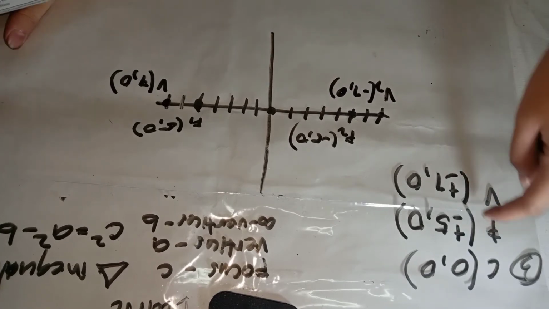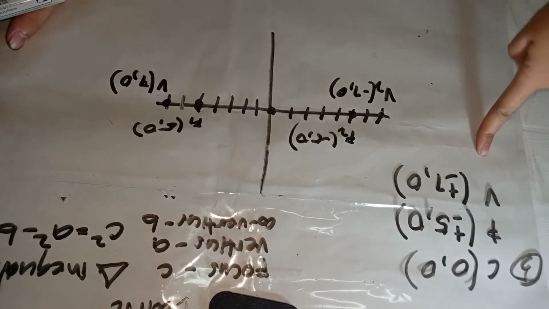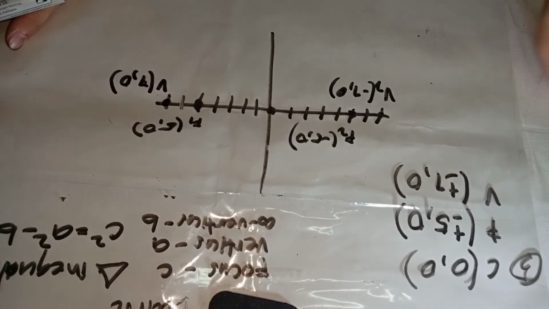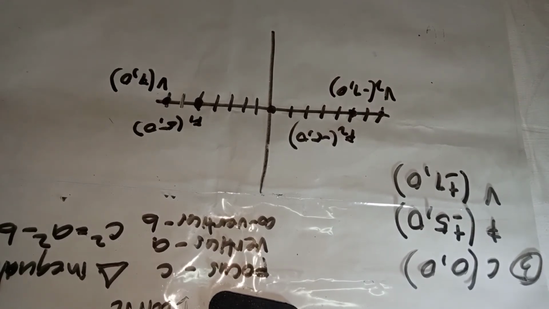So kung nahirapan kayo mag-locate dito, like for example ganyan, hindi mo pa alam kung ano yung major axis ang gagamitin, i-plot nyo na lang po siya para alam nyo na kung anong equation yung gagamitin natin. So, ang hahanapin natin is yung B. What is the value of B? Okay? So, anuhin muna natin yung formula natin.